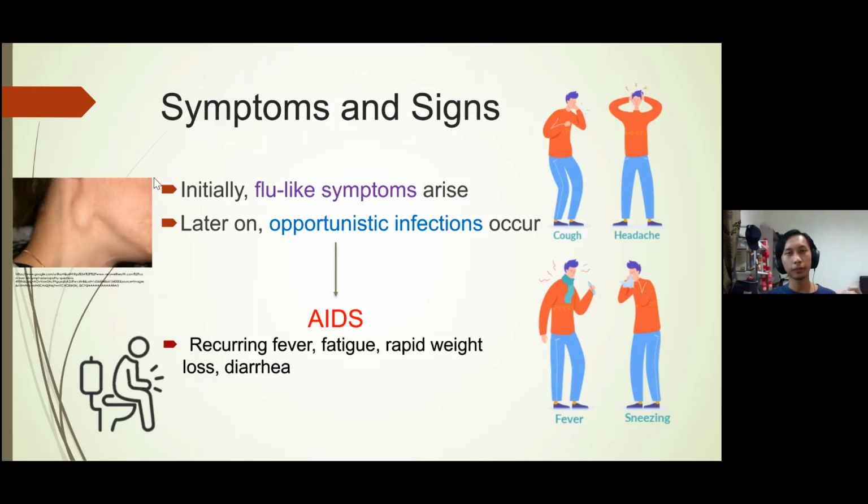There are several symptoms that are common for HIV, such as swollen lymph nodes and hairy leukoplakia, which is basically white patches on the tongue.